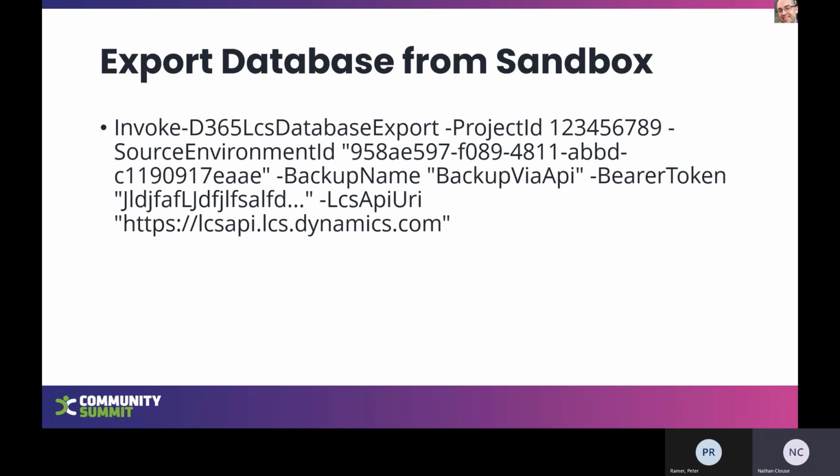But this is an example of a command that would export a database from a tier 2 LCS hosted environment and put it in your asset library for you to do something with later. And then this is all done again via command line. So you can orchestrate this through anything that can run PowerShell, including Azure DevOps build pipelines.